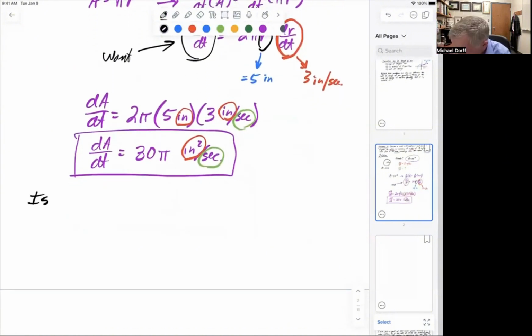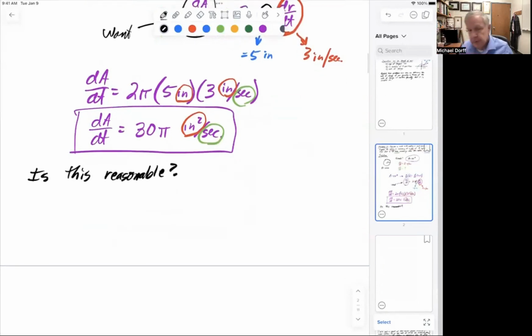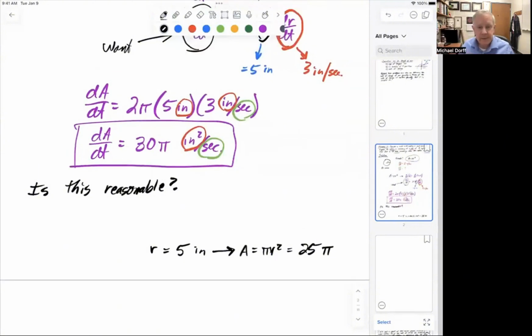All right, is this reasonable? Let's just check this. Does this make sense? Well, remember that we're looking at when r is 5 inches. What is the area then? The area is pi r squared, so that's going to be 25 pi. Let's look at 1 second before that.